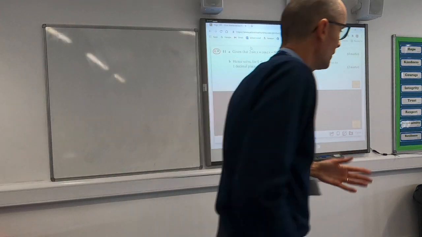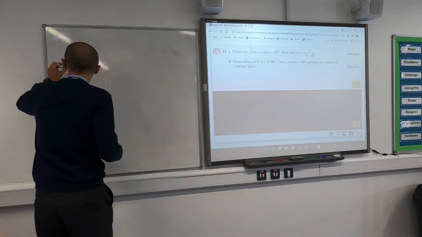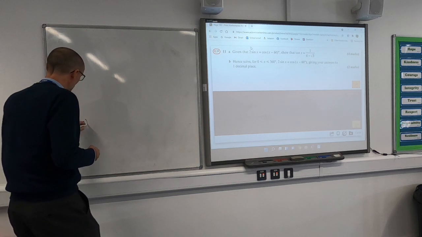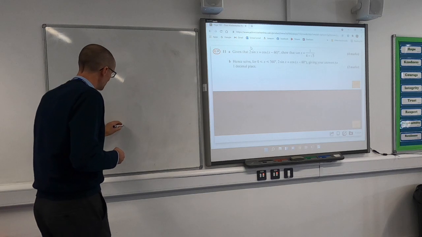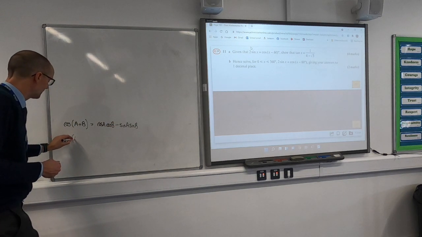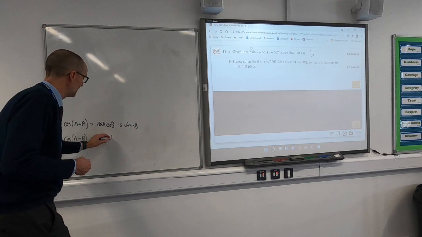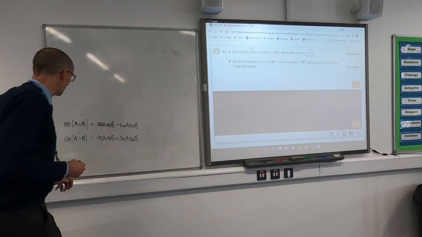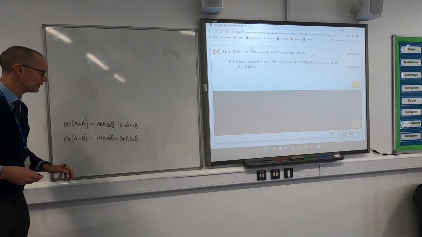The cos of A plus B is cos A cos B minus sin A sin B, and the cos of A minus B is cos A cos B plus sin A sin B. They've just collapsed those and given them to you as one formula written with a rather confusing plus or minus.